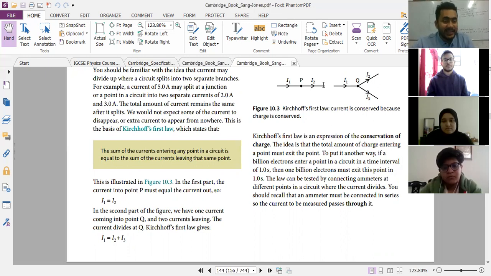And since this is the law, Kirchhoff's first law is the representation of the consequence of the conservation of charge. So are we clear so far?